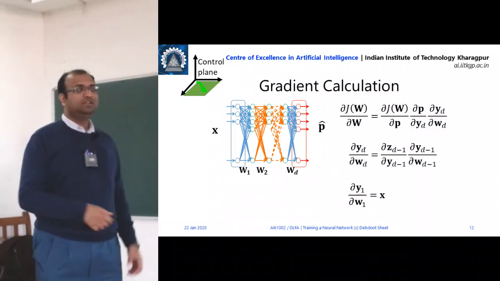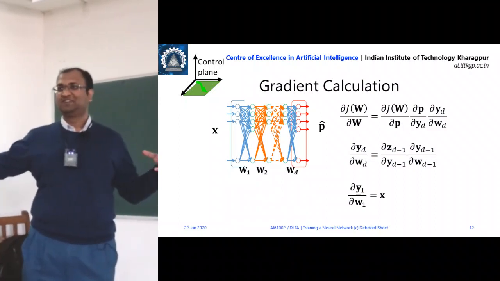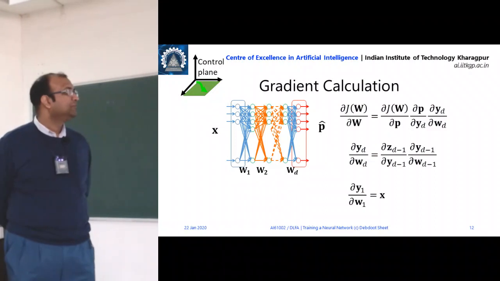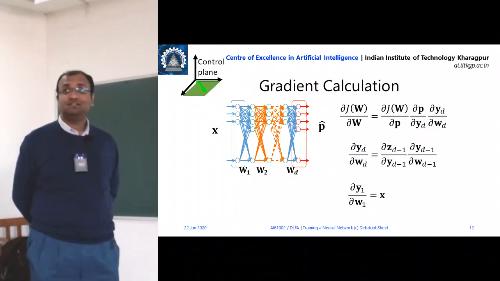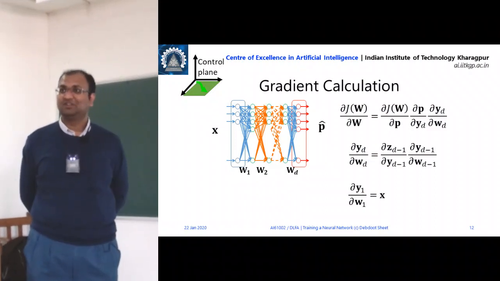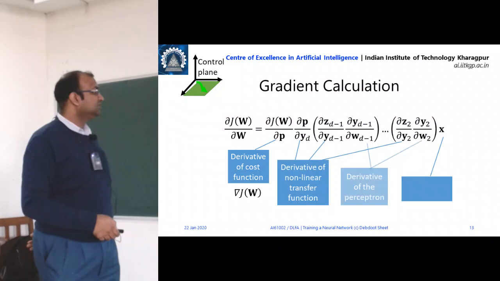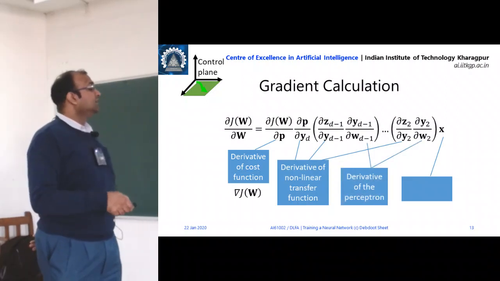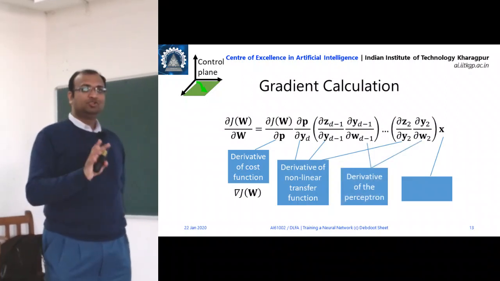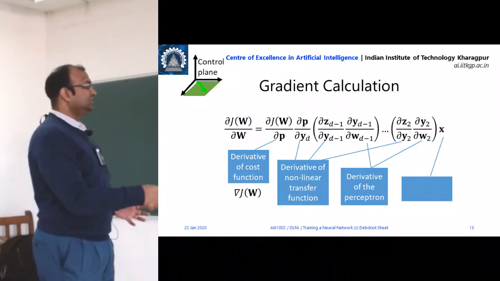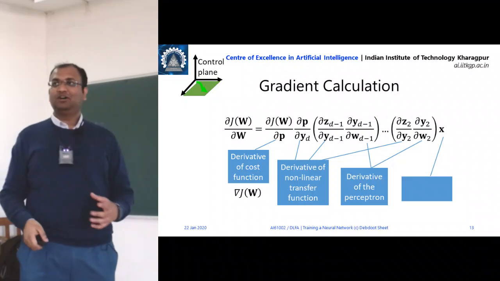You'll have to expand that chain rule. Which part of it? No. So look into this part. You mean to say this part over here, right? Now look over here.